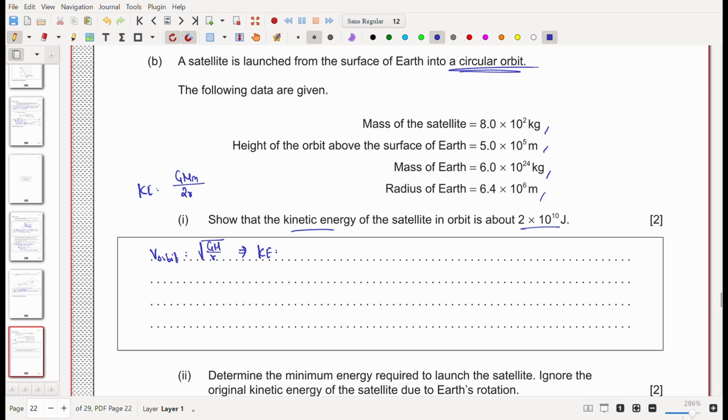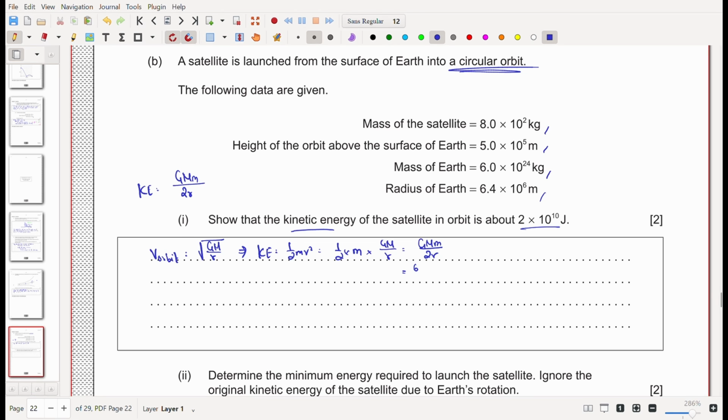And let's plug that into a kinetic energy equation, which is half mv squared. Half times mass of satellite, remember this, times GM by r, becomes GMm by 2r. Simple enough.